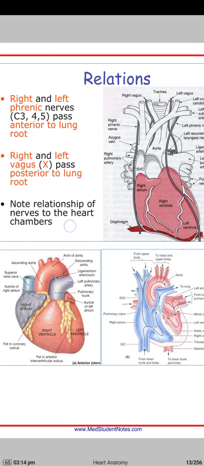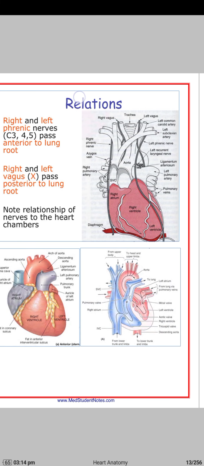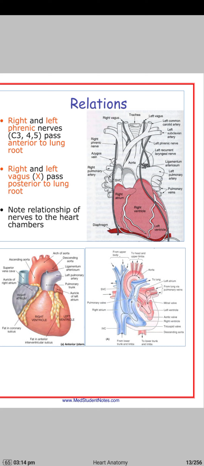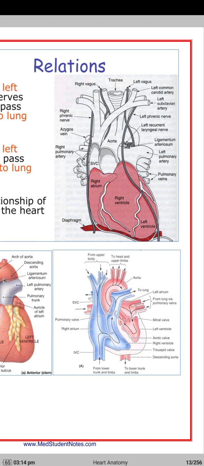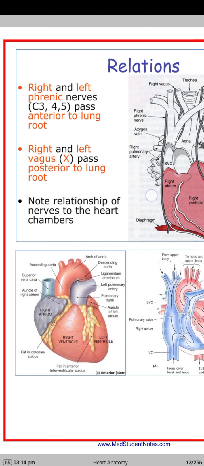Next they are saying that the right and left vagus pass posterior to the lungs. So there are vagus and phrenic nerves. Vagus is posterior to the lungs and phrenic is anterior to the lungs. So the phrenic has roots C3, C4 and C5, which can be named like left phrenic, right phrenic, one is C3 and C4 and C5.